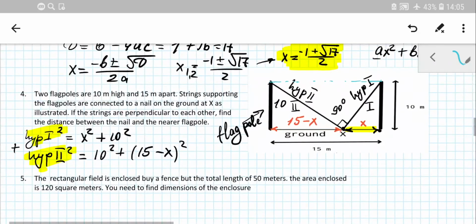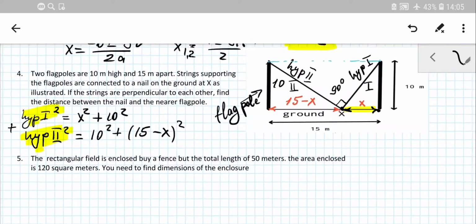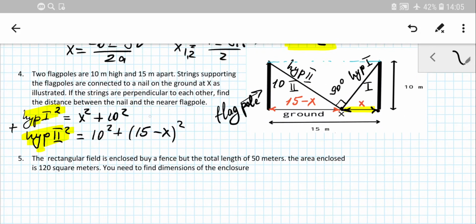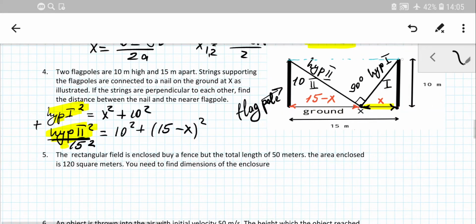So we add them up, and the left-hand side of the equation becomes 15 squared in total, because of Pythagoras for that triangle.